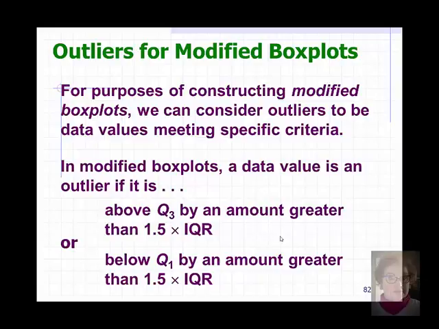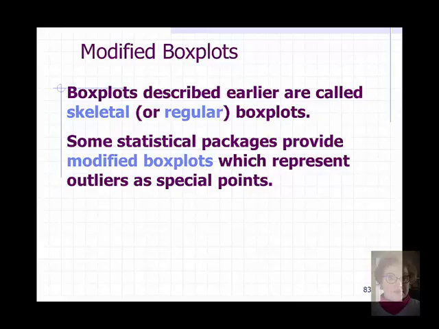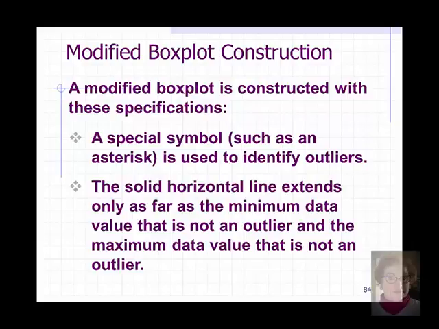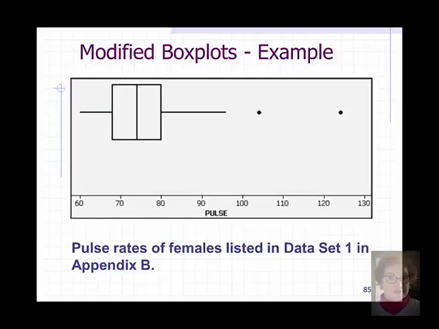Now, what we do then is we use a modified box plot. What a modified box plot does is put a special symbol in for the outliers, and then it only draws the whisker to the data point that is within 1.5 times our interquartile range.